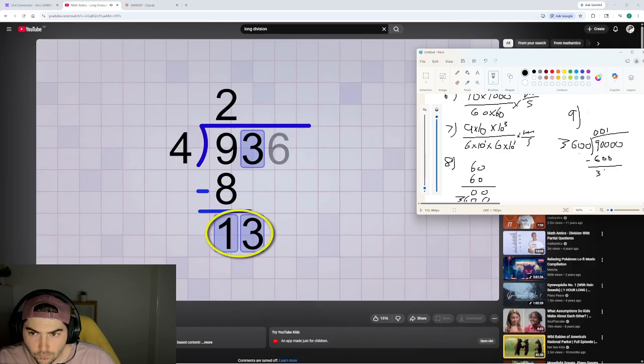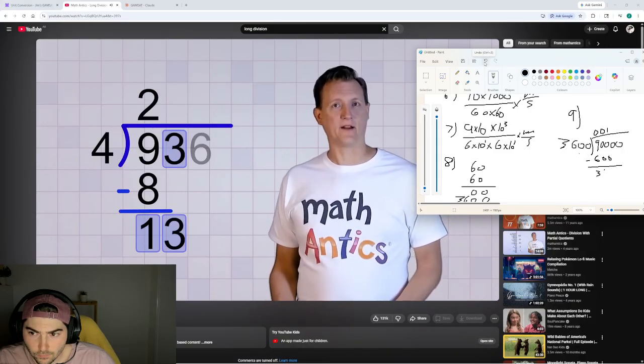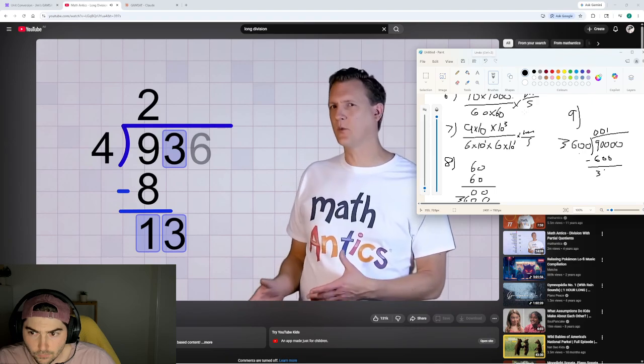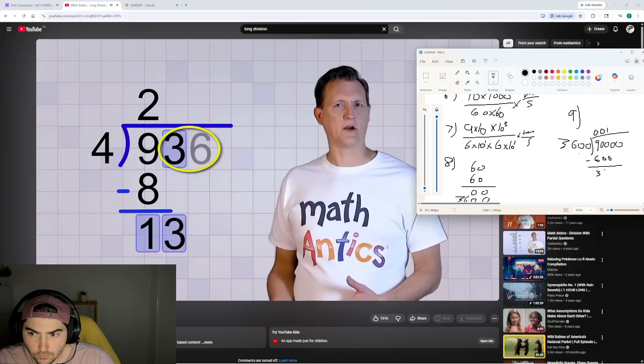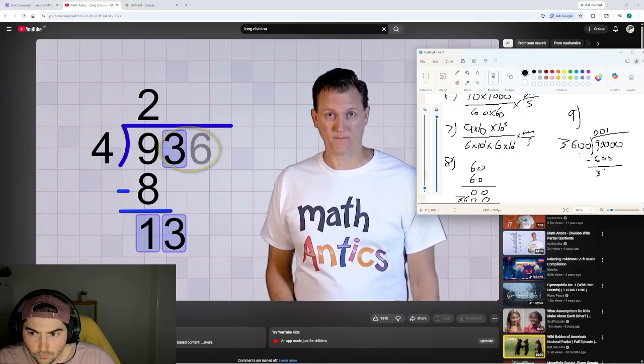It's kind of like our remainder is teaming up with the next digit over. And if you think about it, that makes sense, because the digits that we were ignoring during our first division step really are part of the remainder because we still need to divide them.